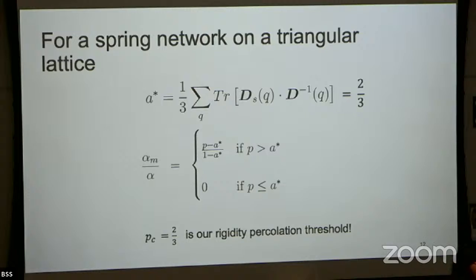But then there is a non-affine limit, when your network is really, really sparse. In the non-affine limit, if you're looking at different parts of the network or at different length scales, the deformation is going to look very different. And in that limit, a continuum approximation is not going to be a good approximation anymore, right?